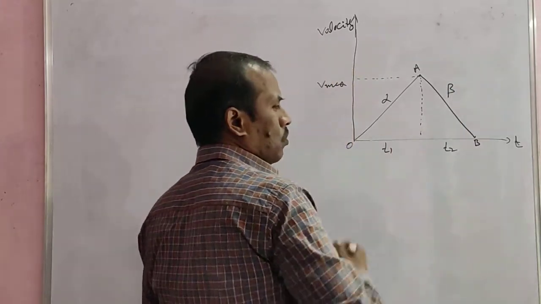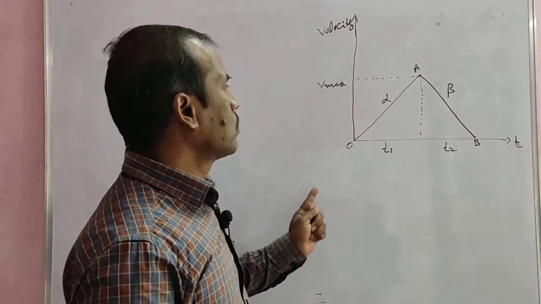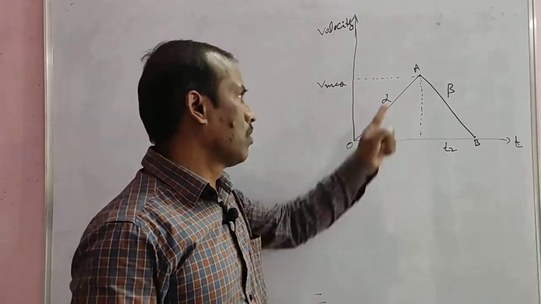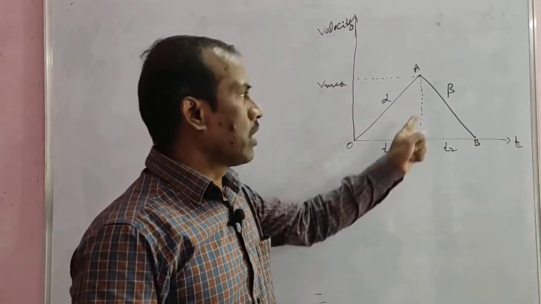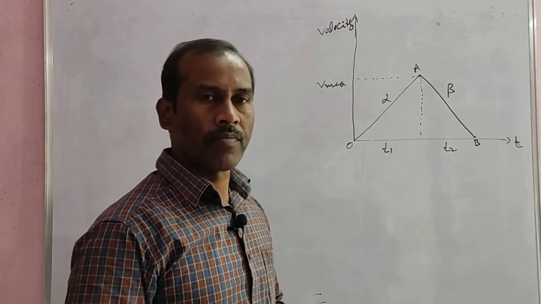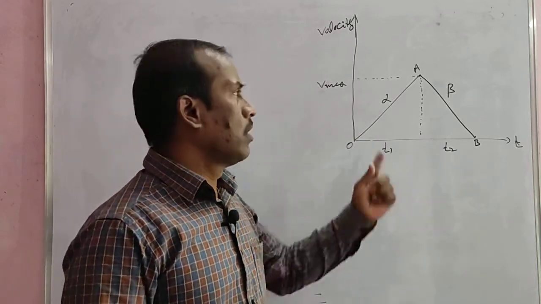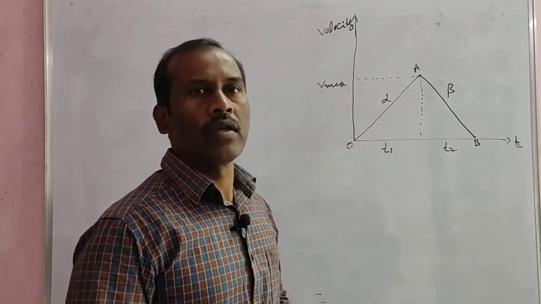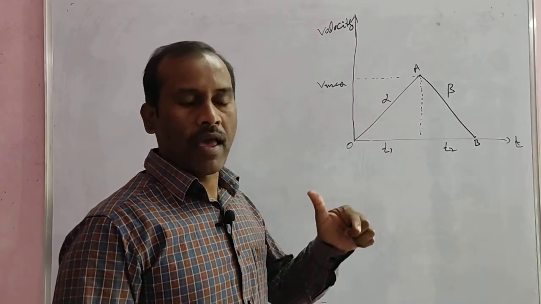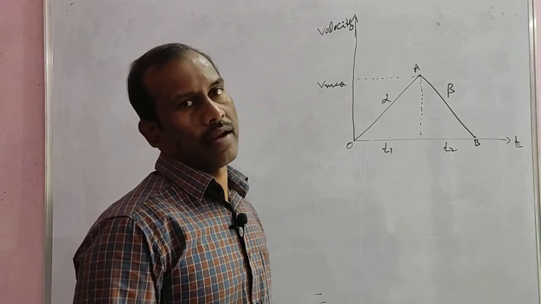So there are two slopes: OA is positive and AB is negative. AB gives the deceleration and the slope of OA is the acceleration. Alpha and beta are constant acceleration and deceleration.